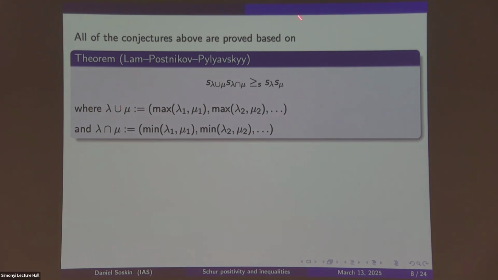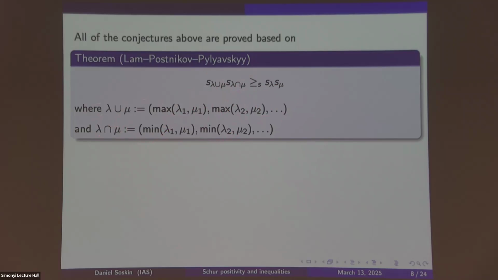All of those conjectures were implications of the inequality between the product of Schur functions given by the union of two partitions and the intersection of two partitions. The union, in this notation, is just taking the maximum between corresponding parts, and the intersection is taking the minimum between corresponding parts. Some of those inequalities follow just by several applications of the inequality between union and intersection.